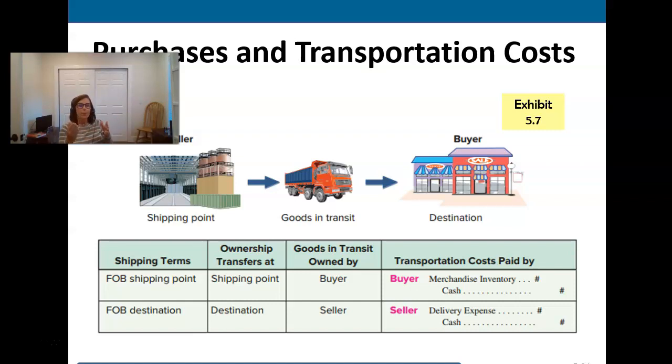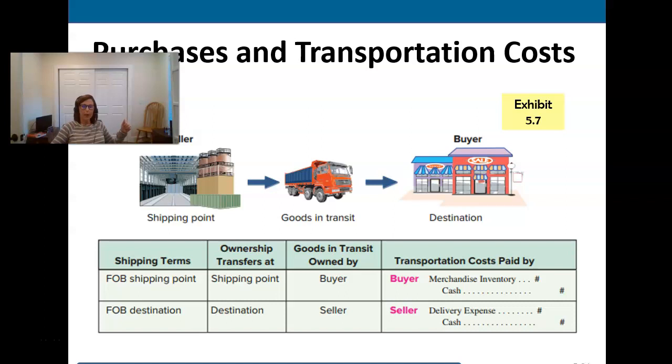So for FOB shipping point, meaning the point at which the item is shipped from, the seller's responsibility for this item ends at their loading dock at their back door. When it goes out the back door and onto the truck, the seller has no part of it anymore.